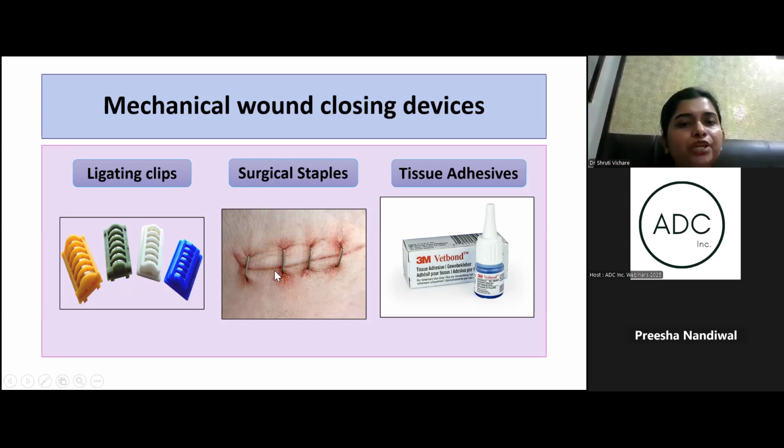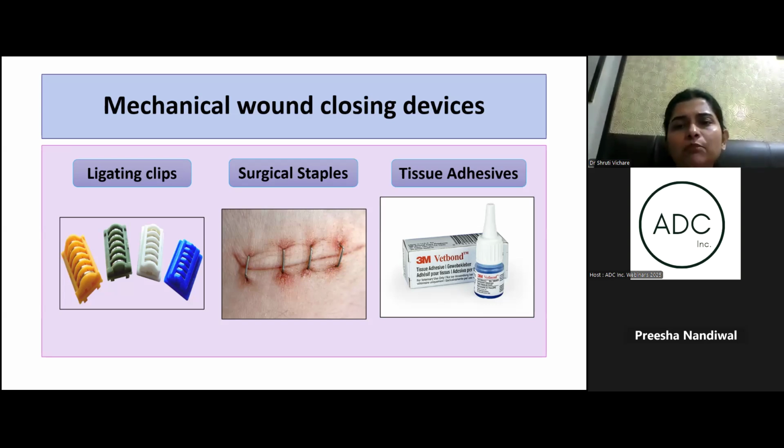It is very quick. The removal is also quick, and putting them in is faster. It doesn't take a lot of time, especially when you have very large sutures to be done. You can make use of these surgical staples where aesthetics is not the main concern for us. Correct.